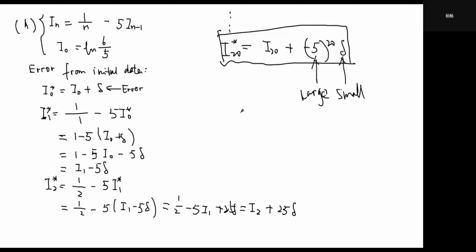So that's why the algorithm A is not stable. It is unstable. Okay, so this is not a good one. So let's go back to the slide.